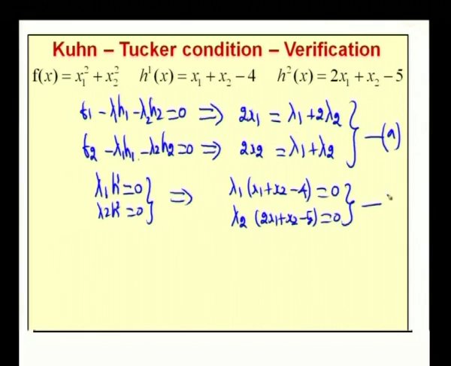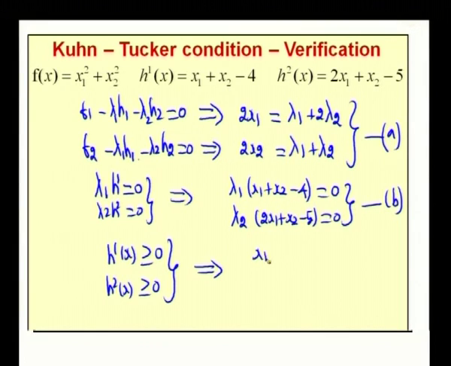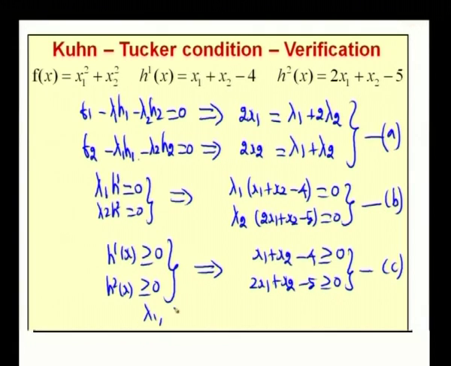These two equations will be named as B. The third Kuhn-Tucker condition is h1 of x greater than or equal to 0 and h2 of x greater than or equal to 0. So, these give us x1 plus x2 minus 4 greater than or equal to 0 and 2x1 plus x2 minus 5 greater than or equal to 0. We name it as equation C.